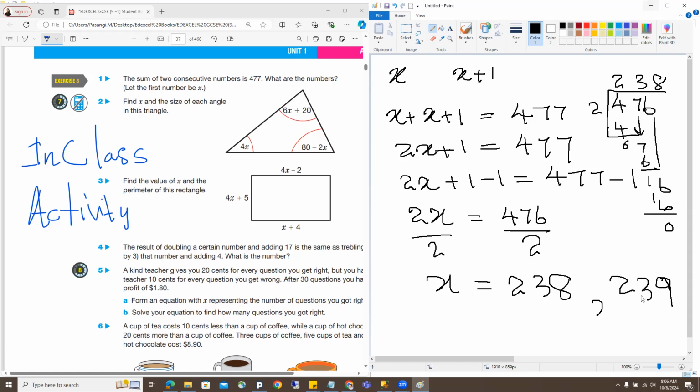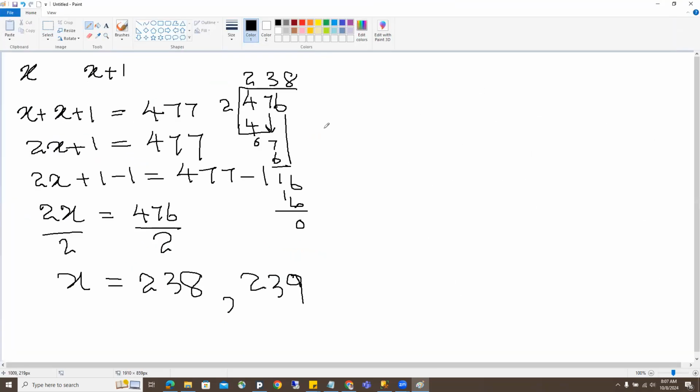Miss, we have to take that 2x plus 1 and x, or that 6x plus 20 and the other one. You are doing the second question, eh? Are you doing the second question or the first one? First one. I didn't get you. That 6x plus 20 in that triangle.